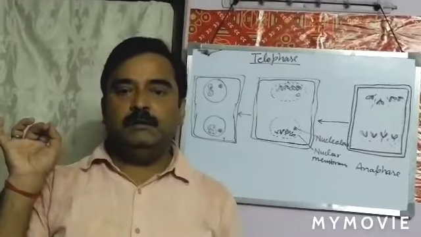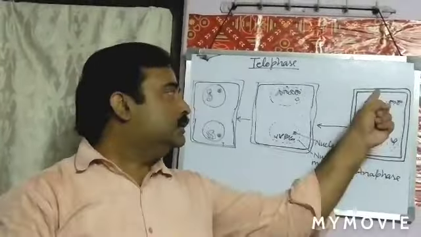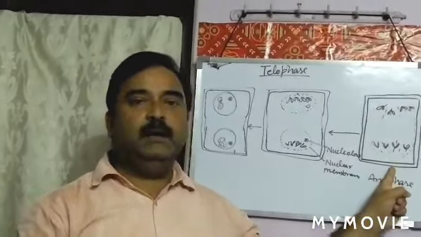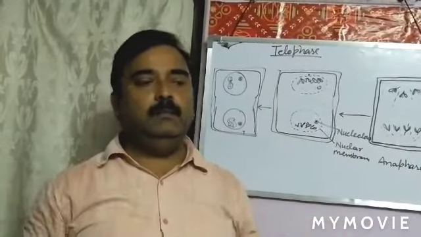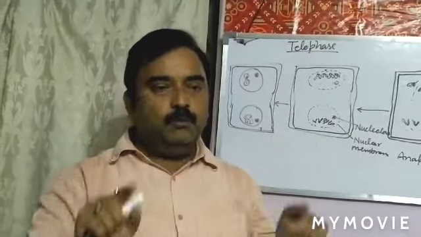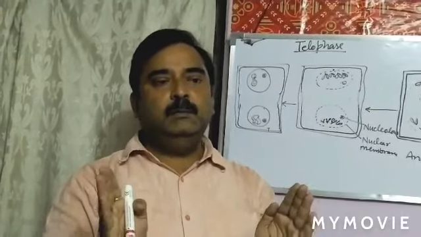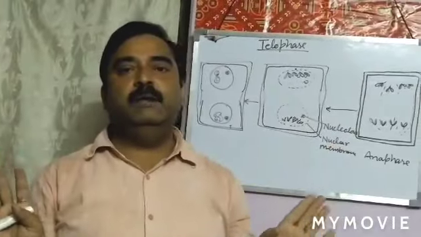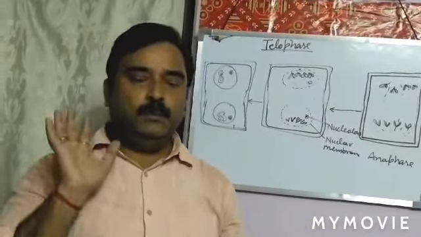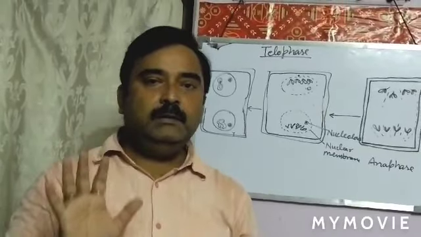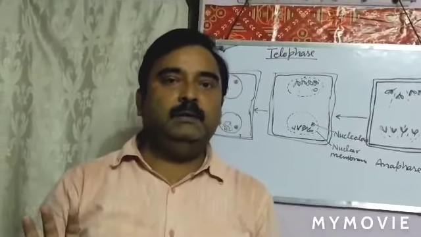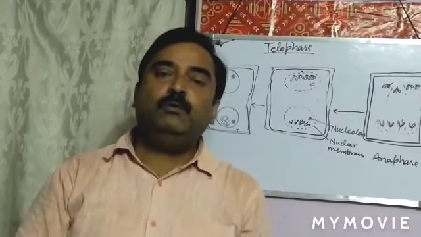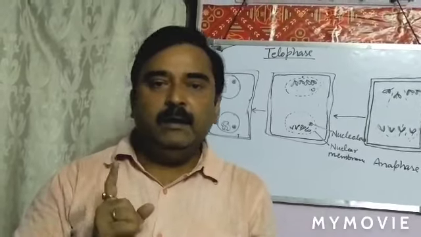To support, centrioles are absent in the plant cell, plus there is the presence of the cell wall. Clear? In each diagram, if you remove the centrioles and add one more protective covering, then that is a plant cell. All other things present inside the cell membrane are the same in the plant cell and animal cell. So in this way the karyokinesis in the plant cell and animal cell during mitotic division is completed, and next we discuss the cytokinesis. Cytokinesis is different in the plant cell and animal cell. Clear?